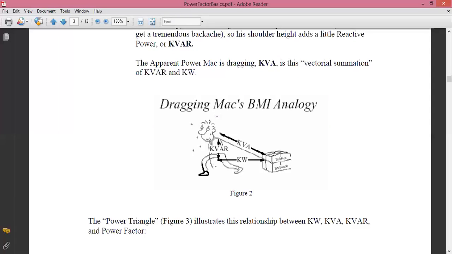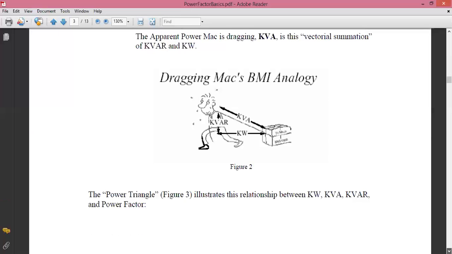Now, you see your active power will be horizontal, that is kW. Your reactive power will be at a 90-degree angle to the active power, that is kVAR. And when you resolve the vectors, you get the kVA power on the hypotenuse side. This is called the power triangle.